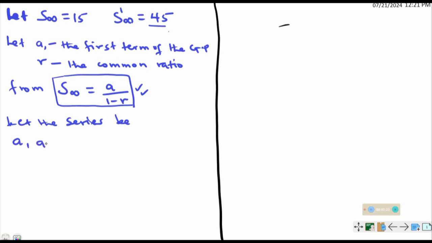The next term will be ar. The next term will be ar squared. The next term, that is ar cubed. And the terms go like that. Since we are dealing with an infinite number of terms, we are having as many terms as possible, but we shall have our representation as that.